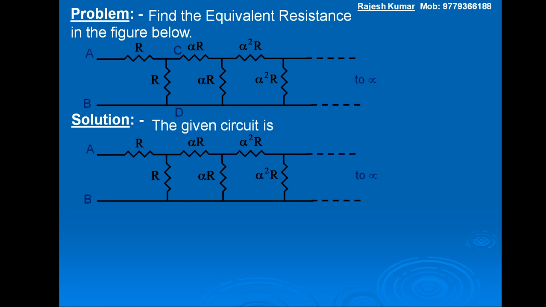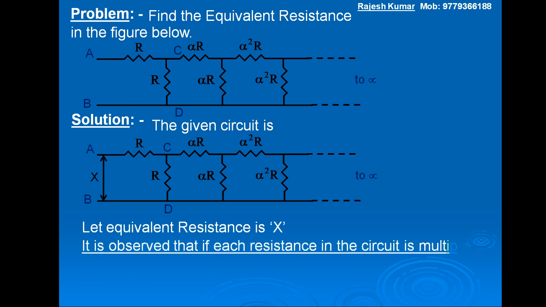These are the 2 points between which we have to find the equivalent resistance, and these are the 2 points C and D after the first element of two resistances R and R. Let the equivalent resistance be capital X, that is, the resistance between A and B is capital X. Now it is a very important point.